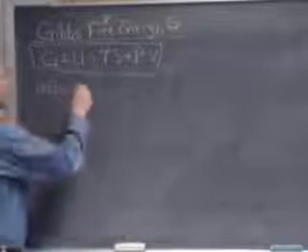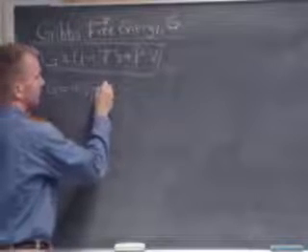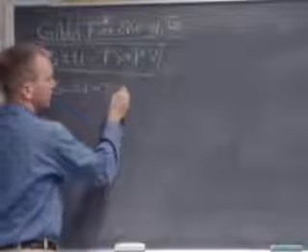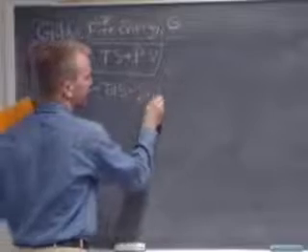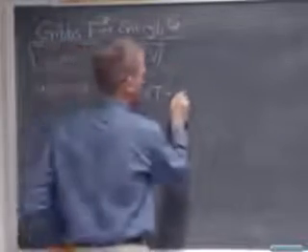Now we've got the product rule we have to do. So minus d of TS becomes negative TdS minus SdT, plus the differential of PV becomes plus PdV plus VdP.